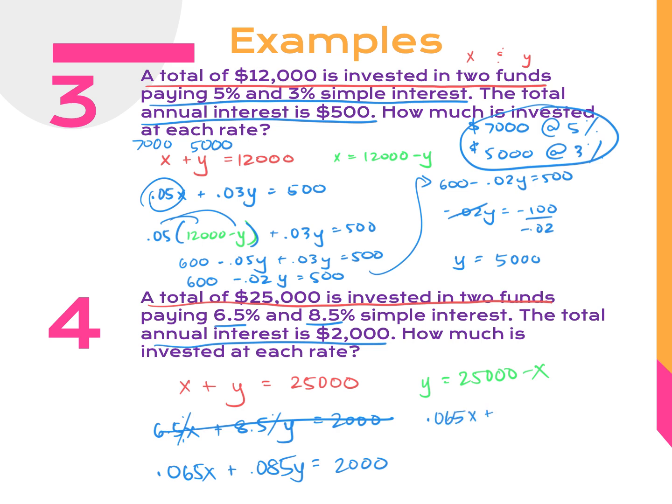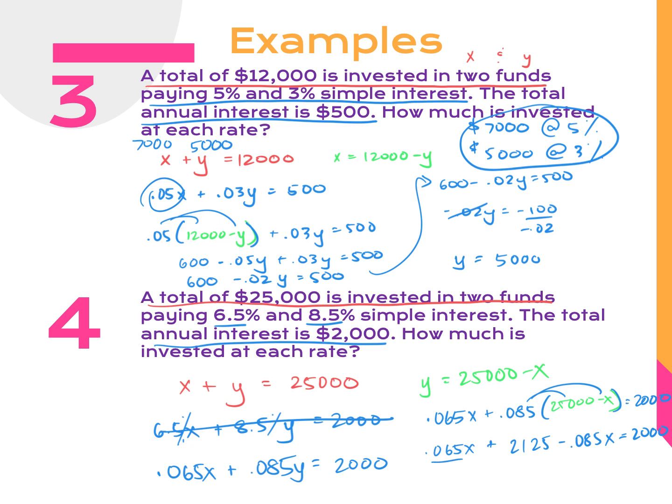0.065X plus 0.085 times Y, but Y is now 25,000 minus X, and I'll make it equal to $2,000. I'm going to have to distribute the 0.085, and I'm going to get 2,125, and then minus 0.085X equals 2,000.